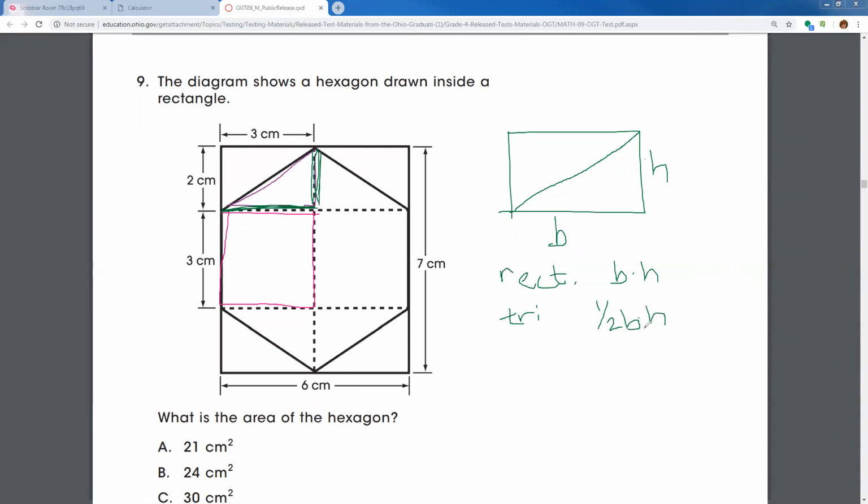Good, 3 and 2, perfect. Even though they wrote the 3 up here, this is the same length as the bottom part. So 3 and 2. So we're doing 1/2 times 3 times 2.